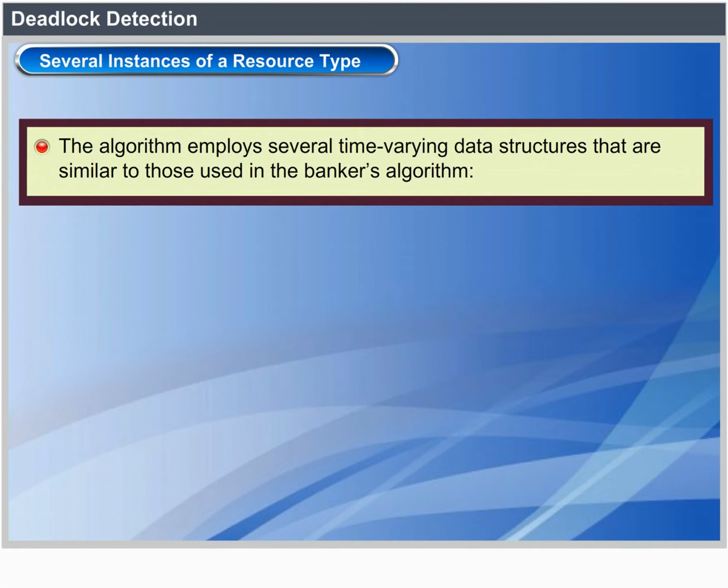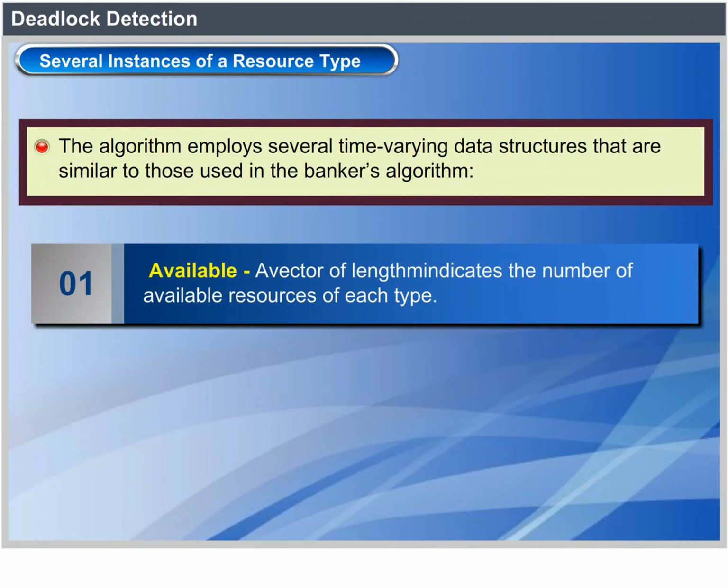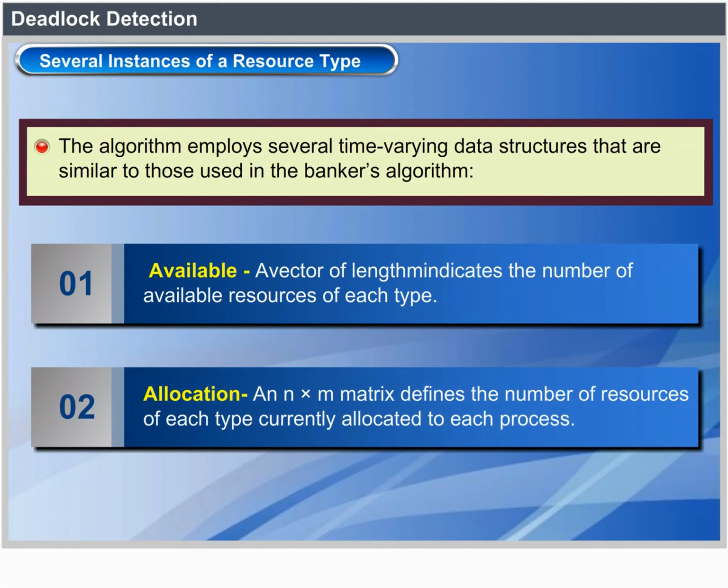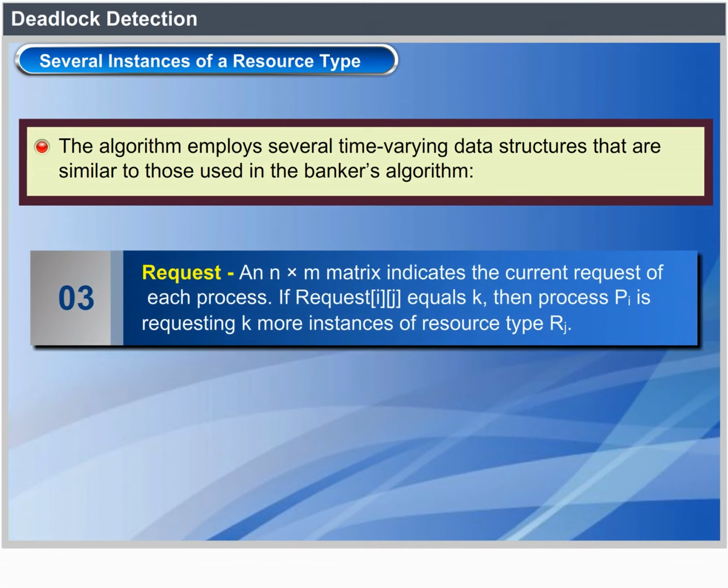Available. A vector of length m indicates the number of available resources of each type. Allocation. An n times m matrix defines the number of resources of each type currently allocated to each process. Request. An n times m matrix indicates the current request of each process.